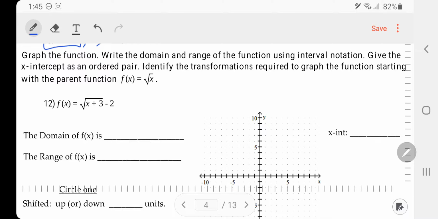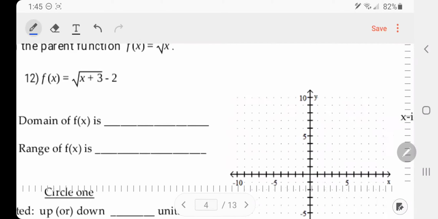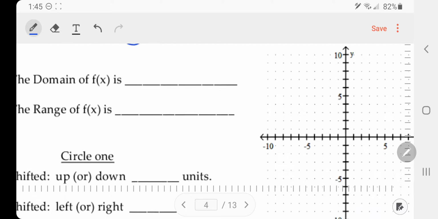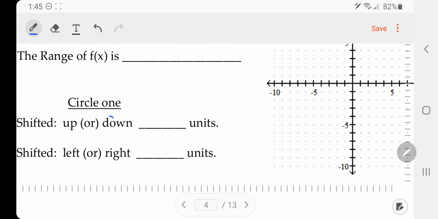Okay. So the first thing we're going to do is identify the transformations, since that's probably the easiest thing to do. We have a -2 outside of the square root. That is a vertical shift. Minus is down, plus is up. So this is going to be a down shift 2 units.